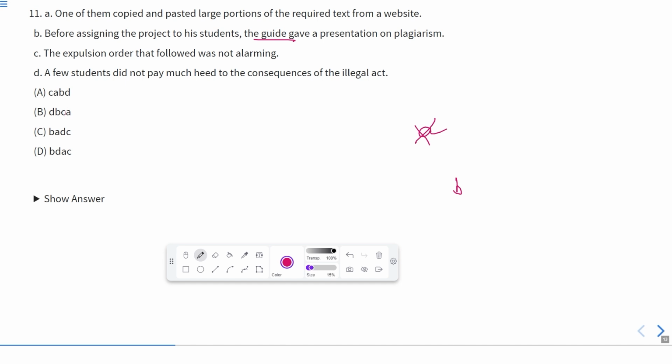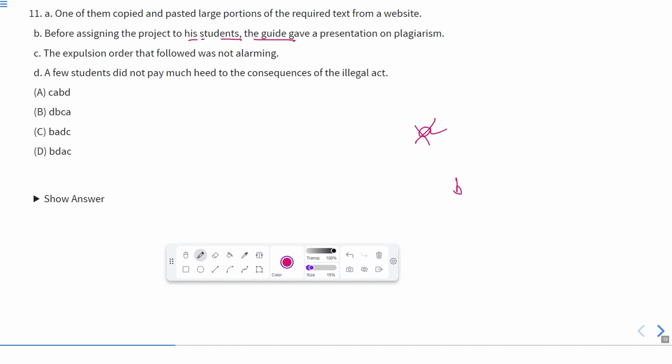A few students did not pay much heed to the consequences of the illegal act. Now, according to this, before assigning the project to his students, here students have been talked about. It means before assigning the project to his students, the guide gave a presentation on plagiarism. So according to this, B should be the correct start of the sequence.